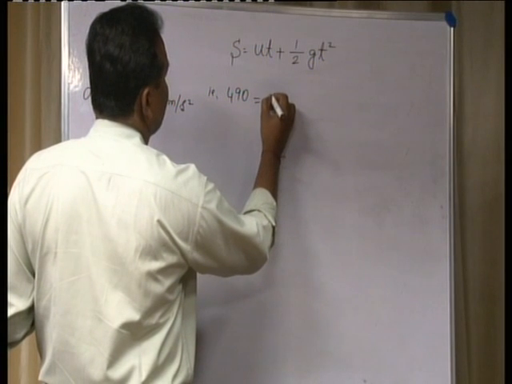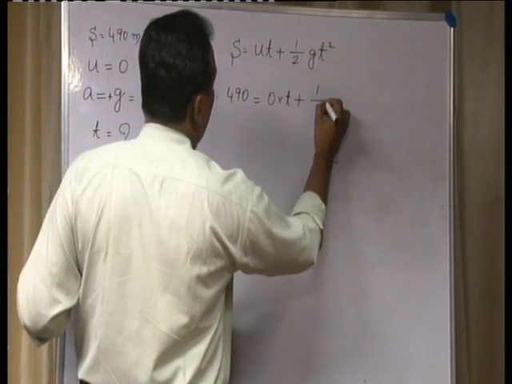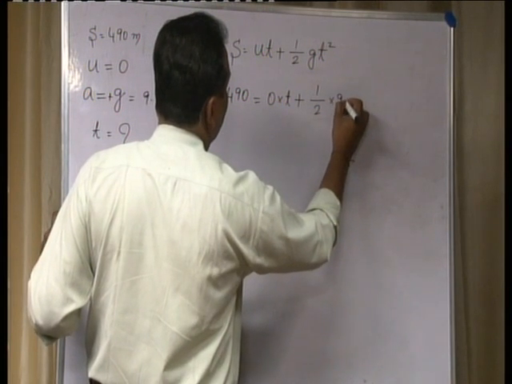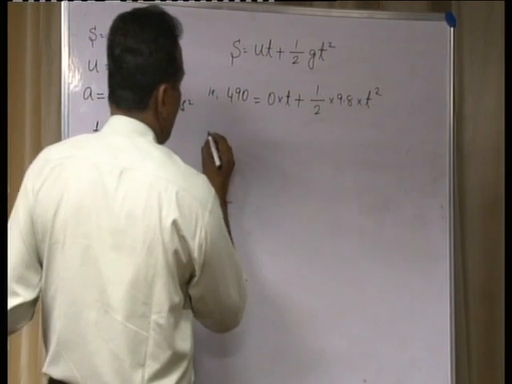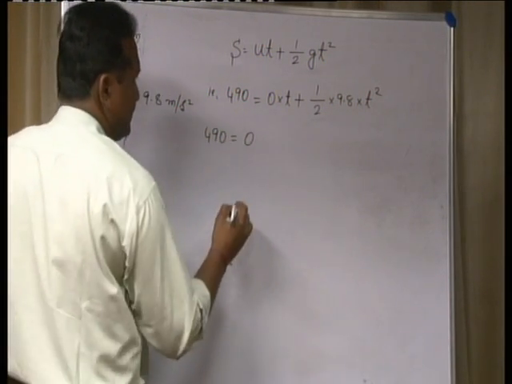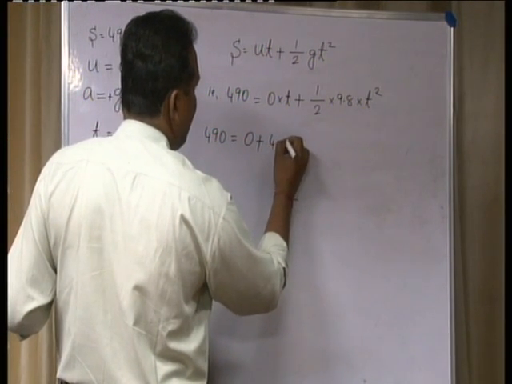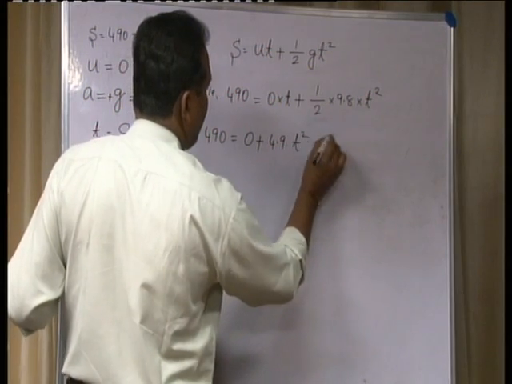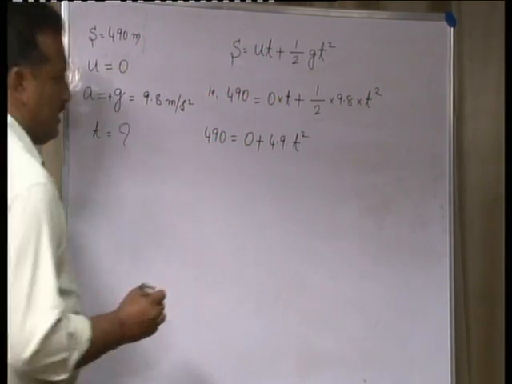U is 0, T is required to find, plus half into g, which is 9.8, into T square. 490 is equal to 0 into anything, which is 0, plus 4.9 into T square. 9.8 divided by 2 is 4.9.